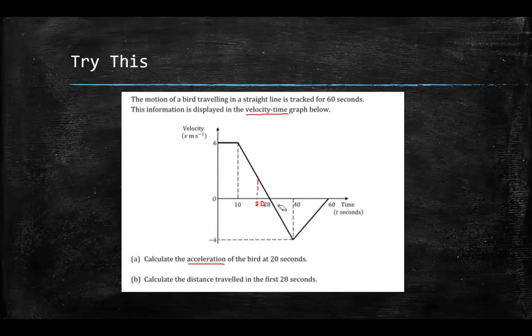What do you know about straight lines and their gradients? Their gradient is constant. So it does not matter which 2 points I choose on this line, the gradient will be constant for this entire line. Therefore, I can use any 2 points given on this line to find the gradient, because the gradient would be the same.